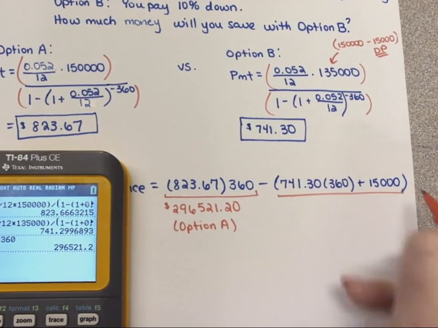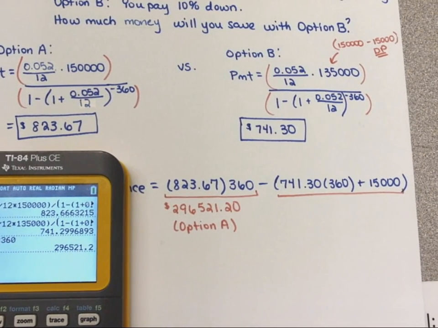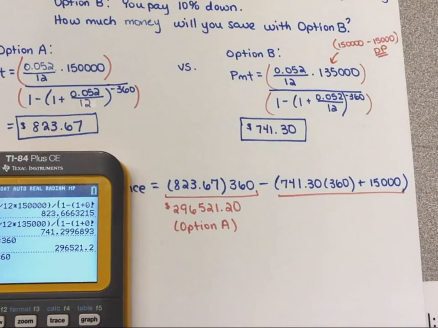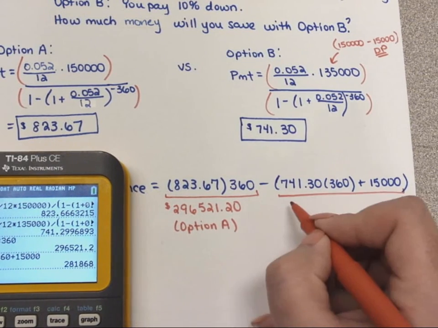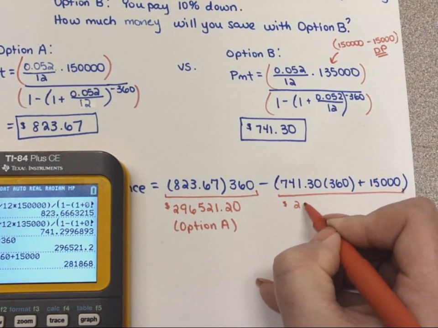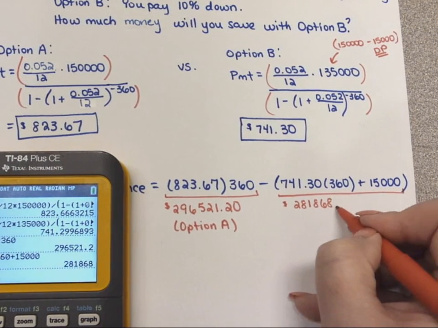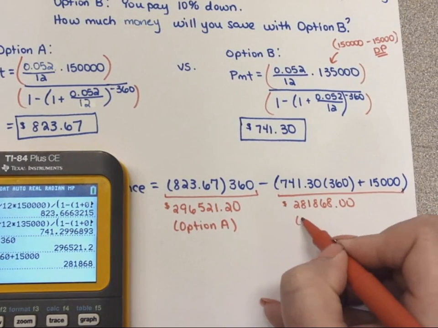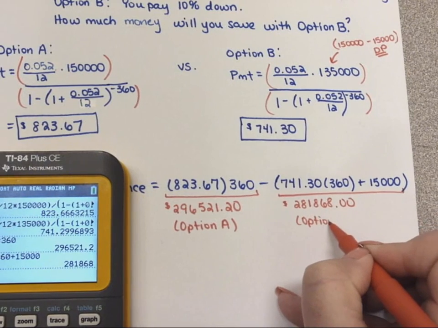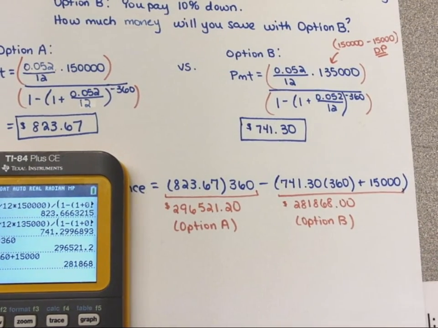And then let's figure out what this one is. So 741.30 times 360. But then we do need to add in the 15,000 because we had to pay that too, right? For a total of $281,868 even. And of course, this is option B. So the difference would be what we would save, right?